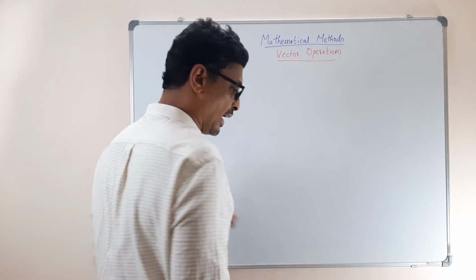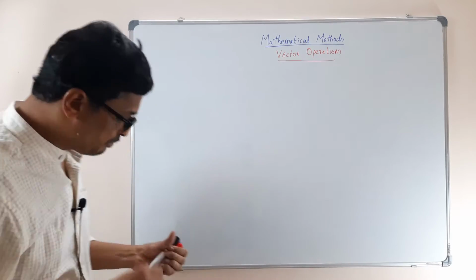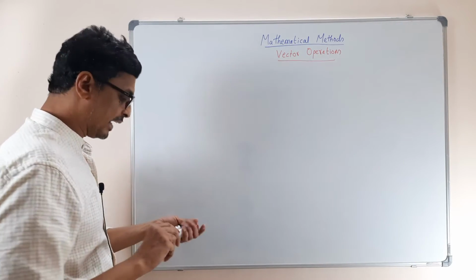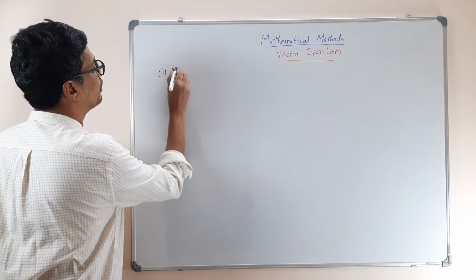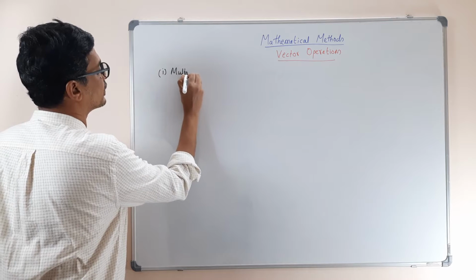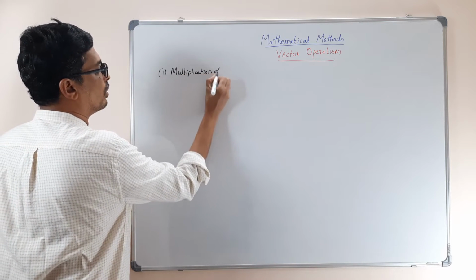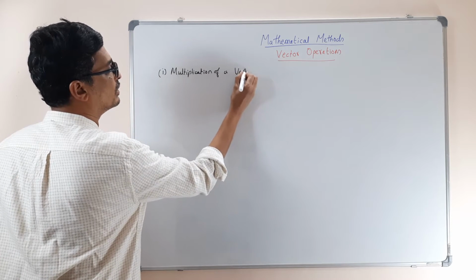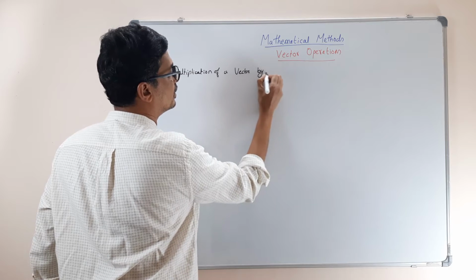What happens when you multiply a vector by a scalar? The first thing we are going to see is the multiplication of a vector by a scalar.